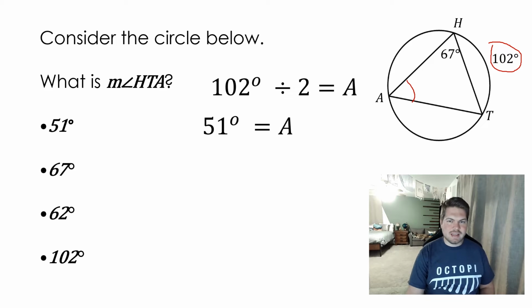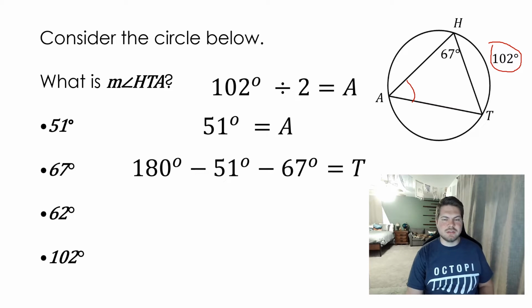If angle A is 51, and we have a triangle right in here, then angle T is equal to 180, because that's the sum of all angles of a triangle, minus 51 minus 67. So we get that T is 62 degrees. I hope you see how I got that. You have to remember that a triangle adds up to 180.